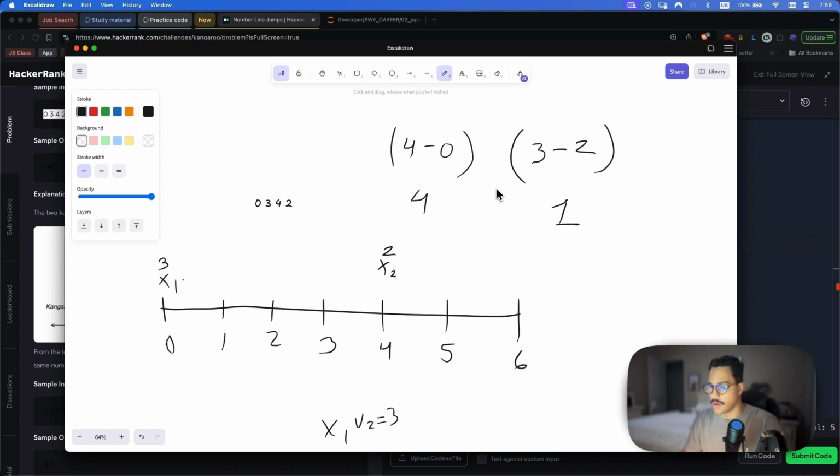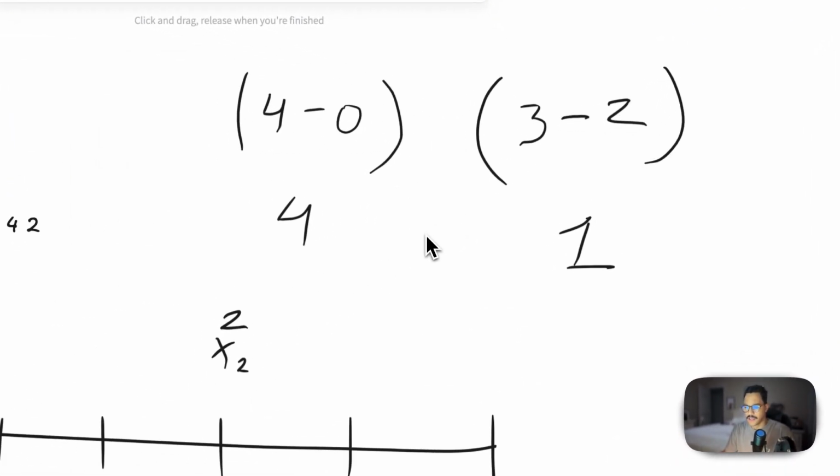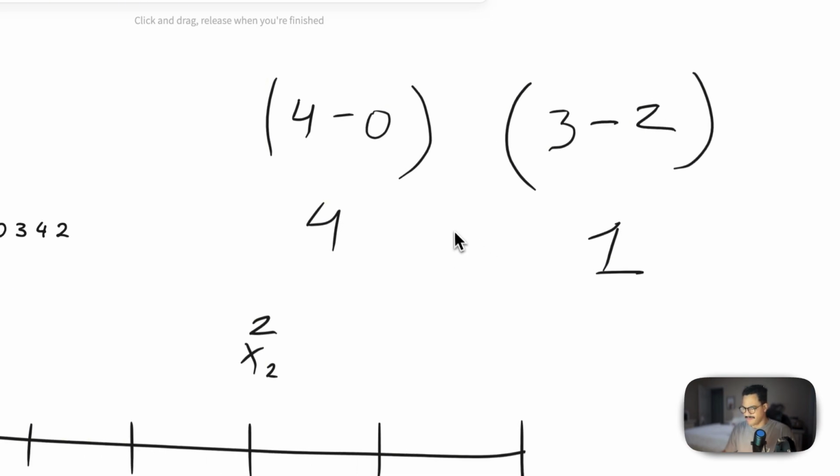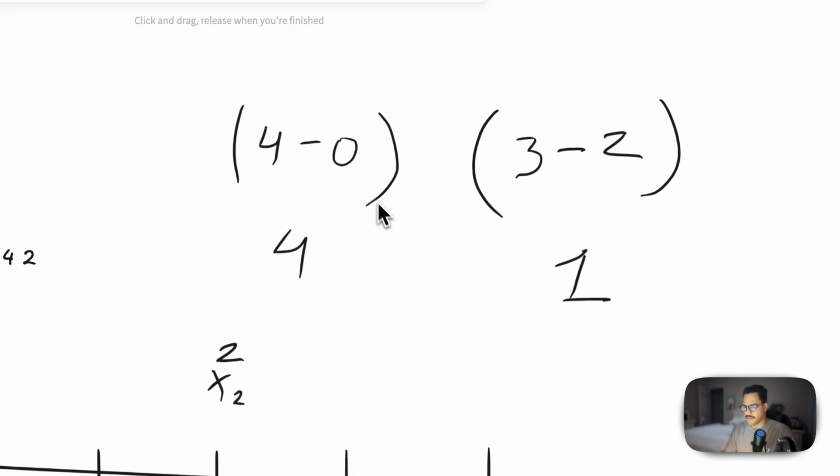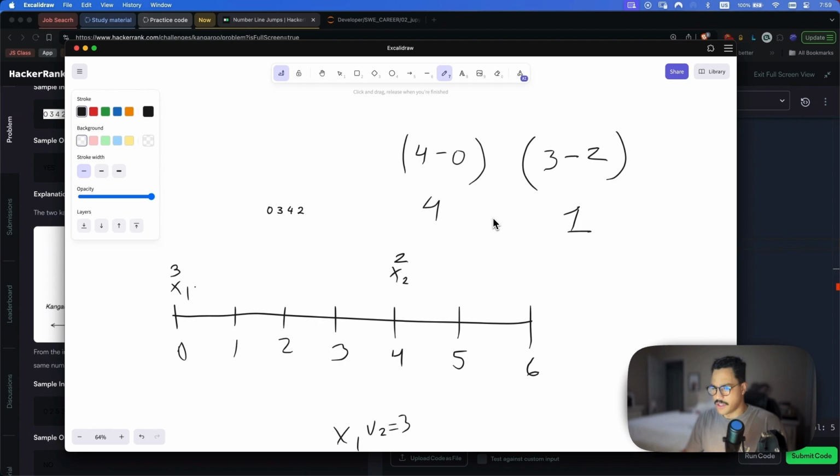I'm trying to stay out of Google right now, because I will go on a whole tangent trying to find the formula. I go crazy. But anyways, so I have the difference of these two.